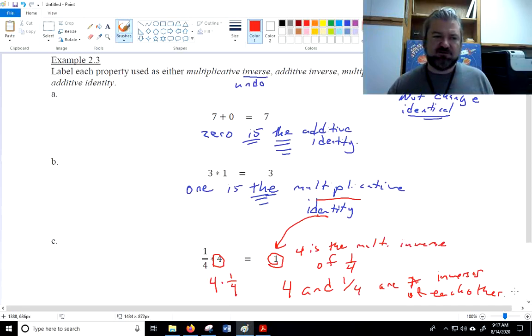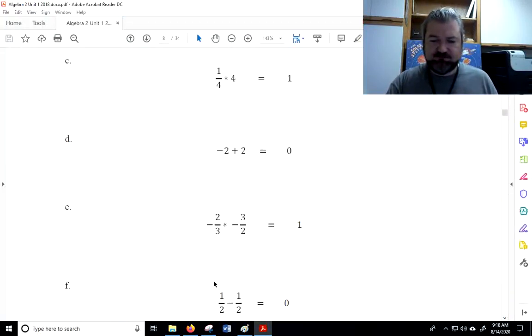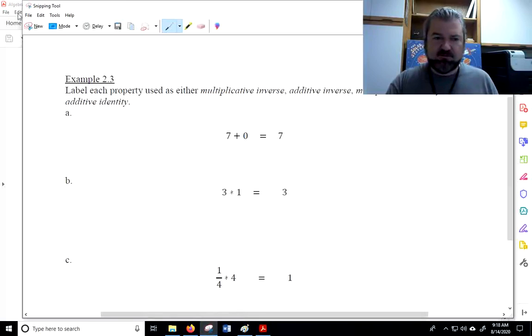So the answer is no. Every number has its own multiplicative inverse, and it only has one. And that number that's its inverse, it is an inverse for as well. So that's an interesting, unique relationship there. All right, we got some more.